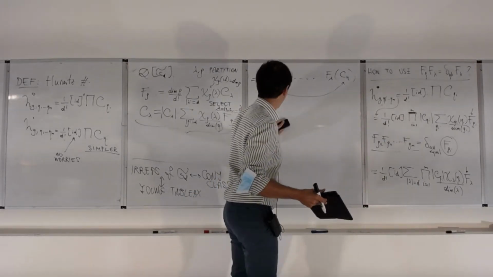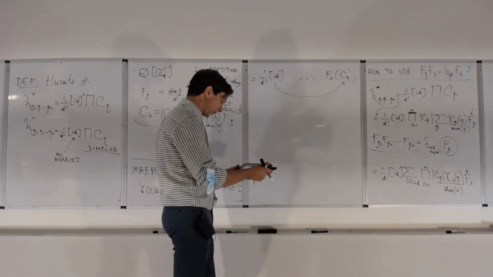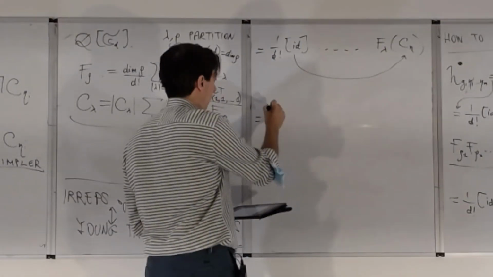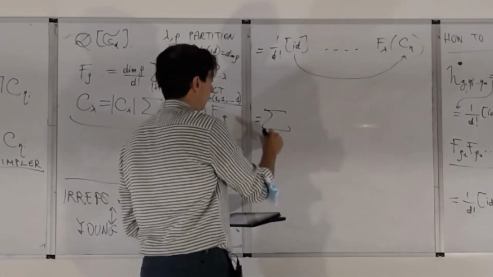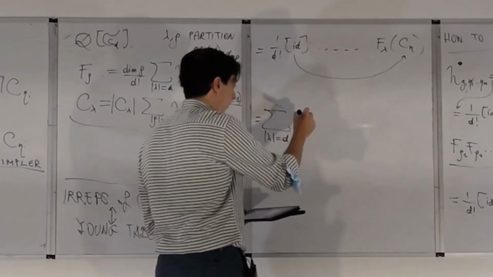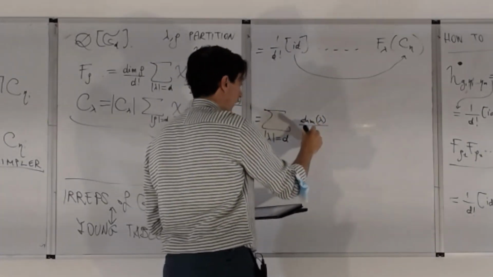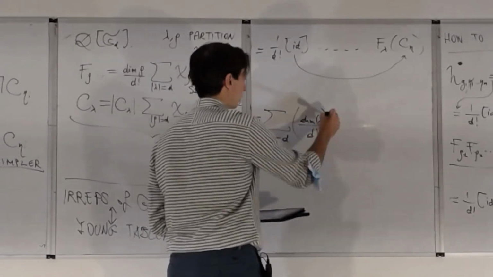And so at the end of the day, you get that this is equal to the sum of all the lambdas of size d. And here you have dimension of lambda divided by d factorial squared.